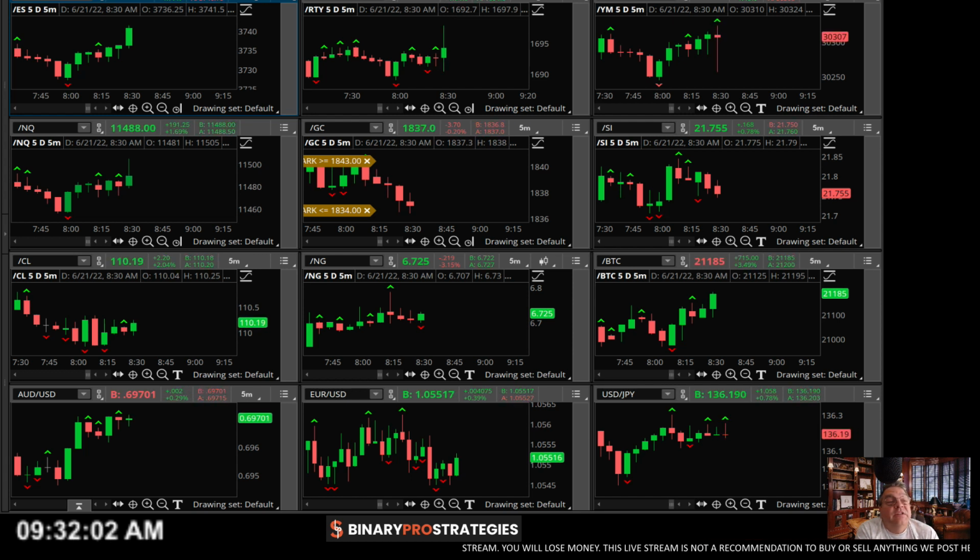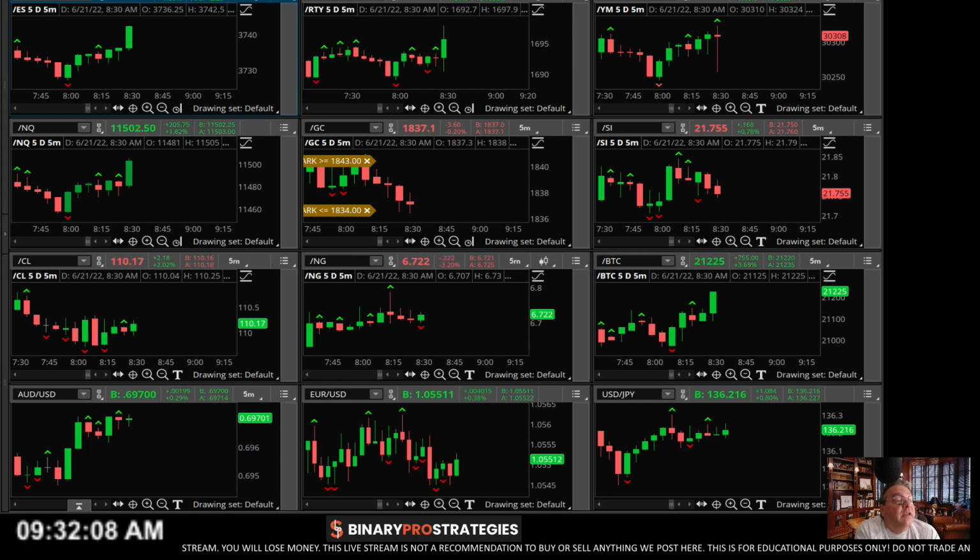For those that like to trade CB out there, CB stands for Crystal Ball. Getting a short coming up on the US yen, so if you're a CB trader, look at that US yen.